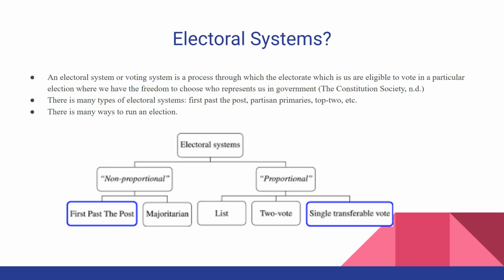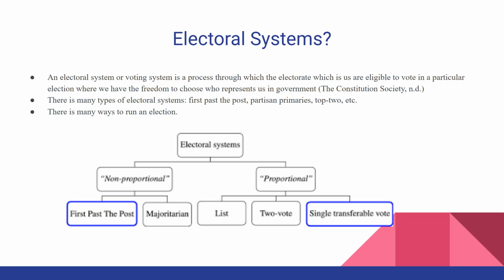But before we begin discussing the current system, we first have to know what electoral systems are. An electoral system is a specific process through which we, the voters eligible to vote in any particular election, have the freedom to choose who represents us in government.